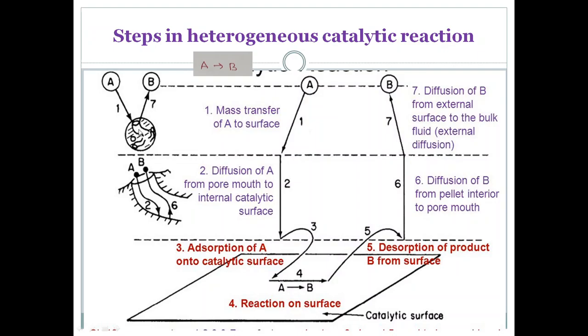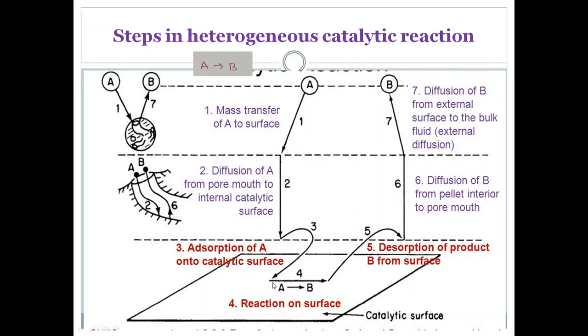So this is called internal diffusion, that is step 2. So step 1 is external diffusion, step 2 is internal diffusion. Now when it reaches this active site, then A will adsorb to the catalyst active sites, that is adsorption. So external diffusion, internal diffusion, adsorption.